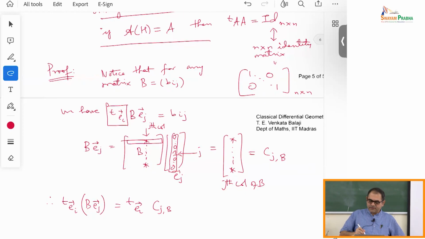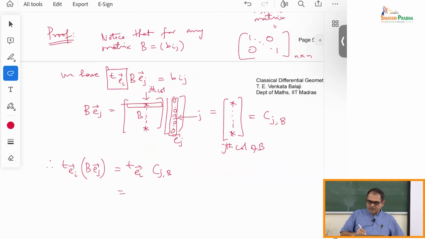And what is that going to be? What is transpose Ei? It is 0, 0, 0, 1 in the ith position, again 0, 0, 0. I am going to multiply it with the jth column of B: B first row jth column, B second row jth column, and so on, B nth row jth column, and the only entry that is going to survive here is Bij.